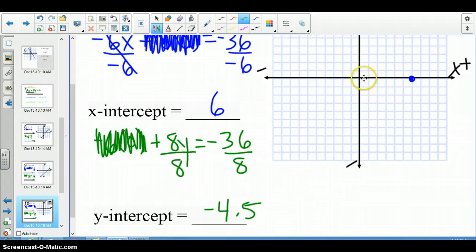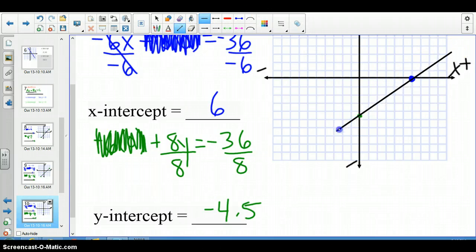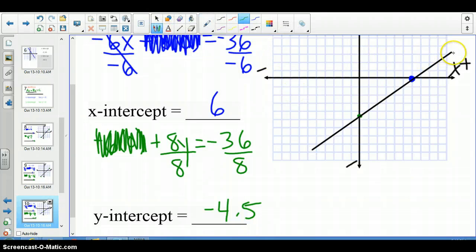So now I go to my y-axis at negative 4.5. So I'm going to go down 4.5 units. So it's splitting negative 4 and negative 5. Then I can draw my line. So all you're doing is connecting your x and y intercepts, those 2 points, with a straight line.